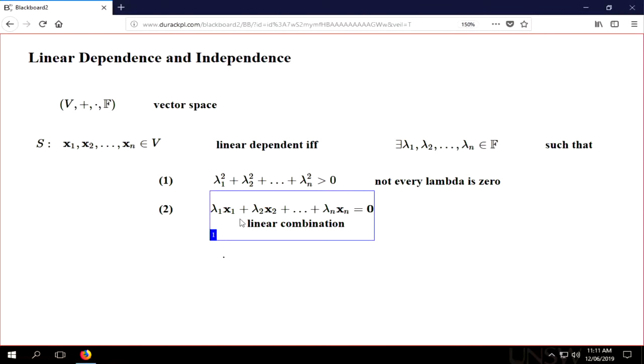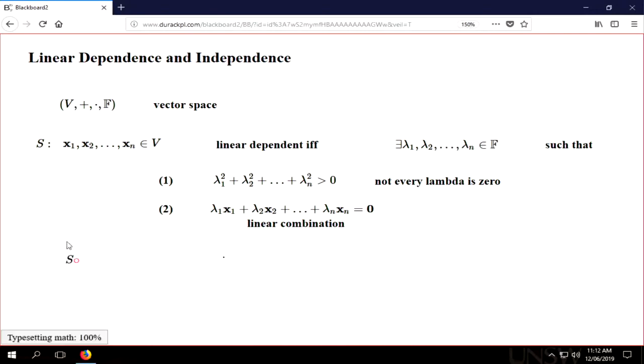It's when you scale the vectors and then sum them up. I do it very often, on a subconscious level, so to make sure you're not confused, this is what I call a linear combination of vectors. And this is what I mean when I say linear dependence, or when I say a system of vectors is linear dependent.